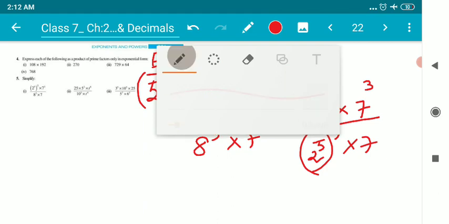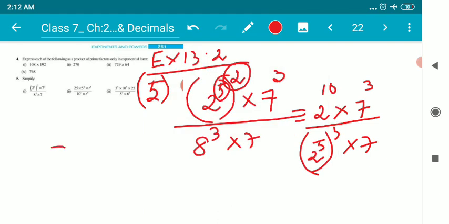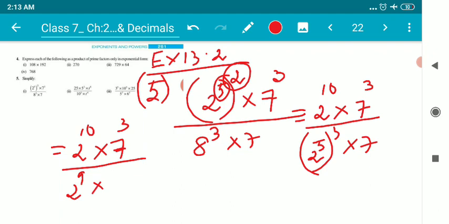Now children, 2 to the power 10, let it be 2 to the power 10 as it is, into 7 to the power 3, let it be as it is. In the denominator, (2 to the power 3) to the power 3 means 2 to the power 9, because power on another power gets multiplied, and here is 7 means 7 to the power 1. That's all. Children, now 2 to the power 10 and 2 to the power 9 are in division having equal bases, means the powers will be subtracted.